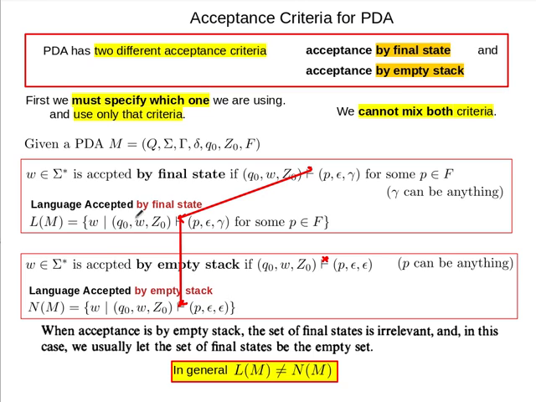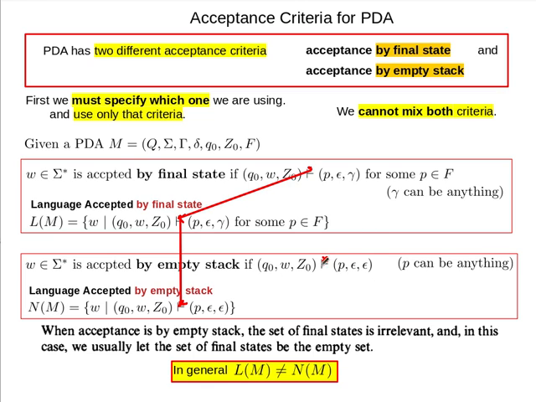So that means you have two different acceptance criteria, and once you define your PDA and specify your acceptance criteria, only then can you talk about the language accepted by this PDA. We use these two different notations: L of M is for final state and N of M is for empty stack.